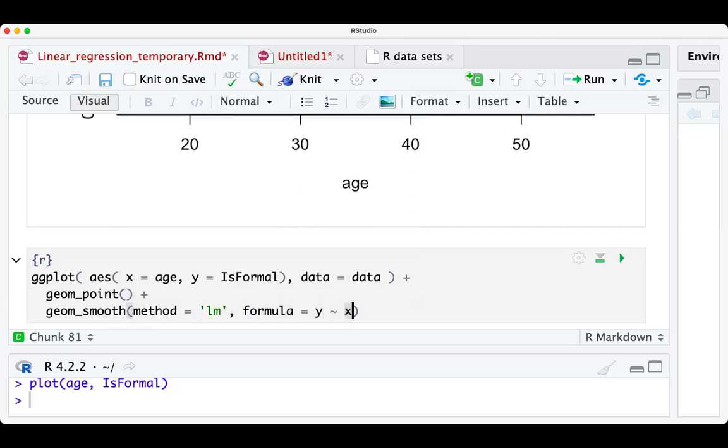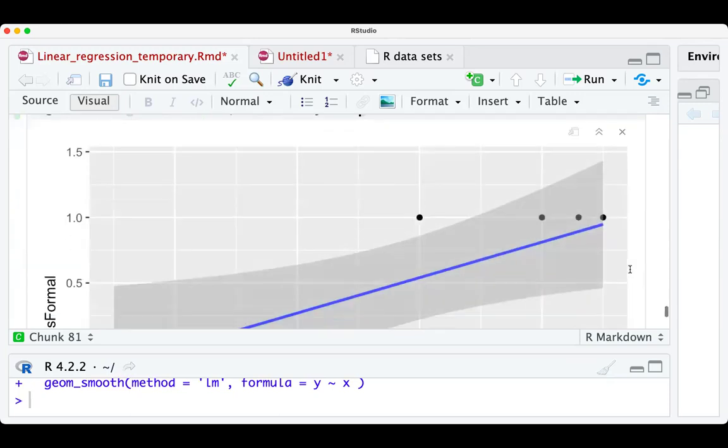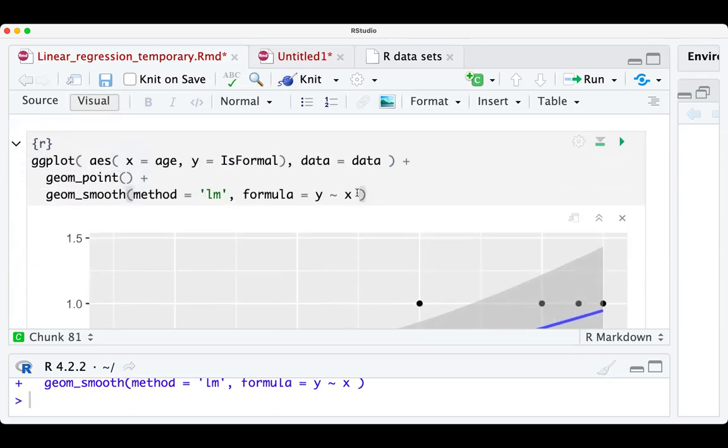So we try to predict if the variant was formal or not using the age. So let's see what we get. Okay, let me remove the standard error.